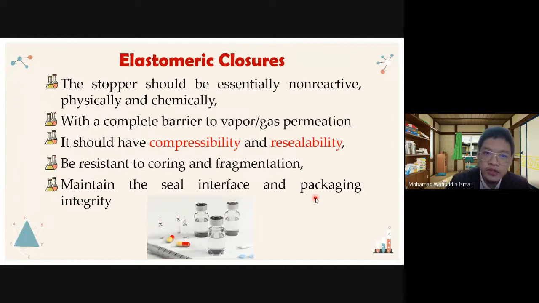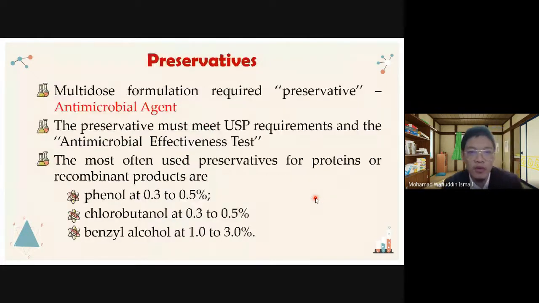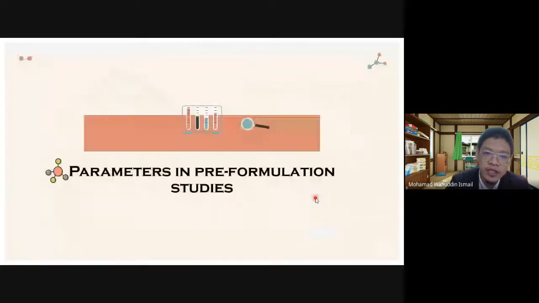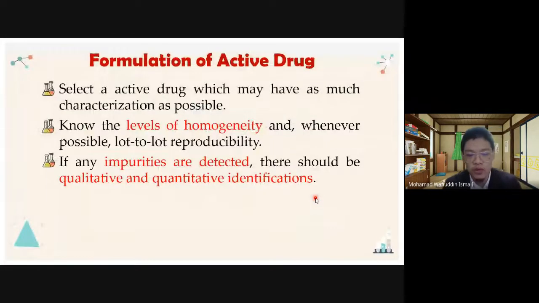Okay, before I continue to the membrane filter, maybe a quick look at every formulation step that we must look at first. Before anything, we must choose what kind of drug is suitable for our application. So that's the selection of the drugs.